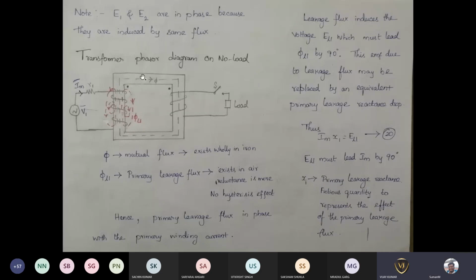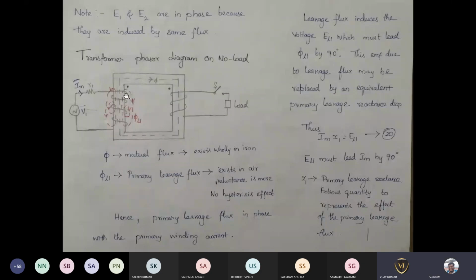Only some flux is linking the primary as well as the secondary of the transformer. Also, the flux which is linking only the primary is not linking all the turns existing here. Some flux is linking all the turns and some flux is linking only some turns.